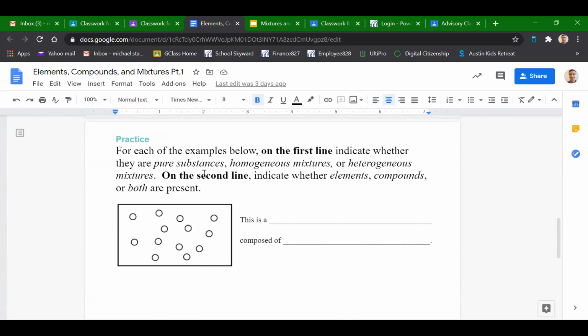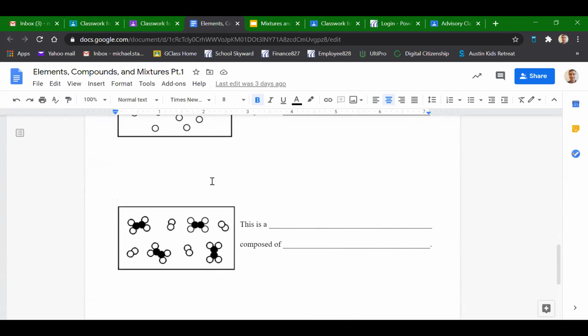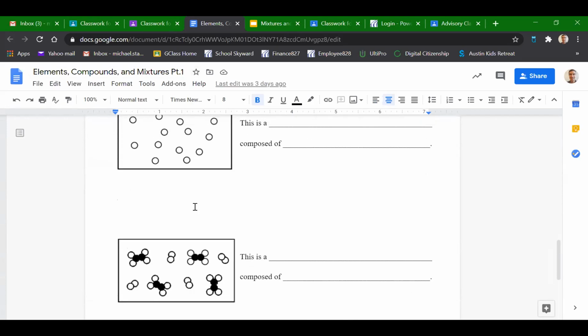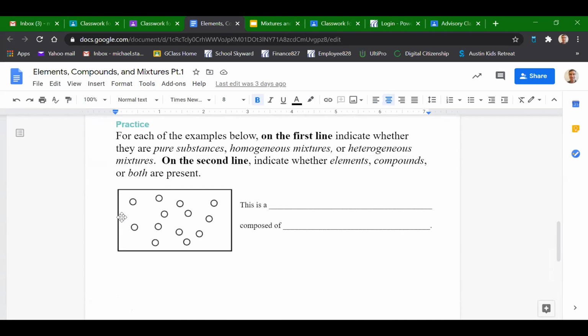And so for each one of these pictures on this first homework, part 1, there's only 2 pictures. I want you to tell me 2 things for each picture. First, on the first line that's labeled here, I want you to tell me if this picture represents a pure substance, a homogeneous mixture, or a heterogeneous mixture.